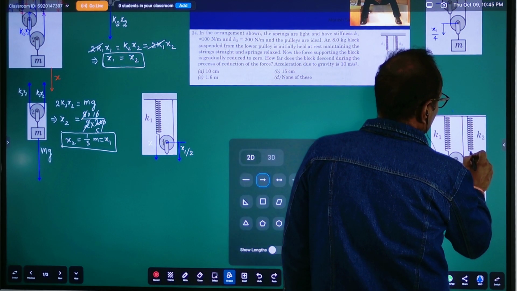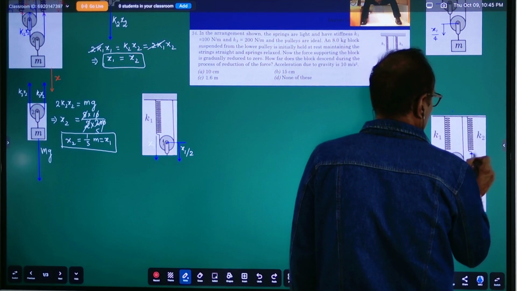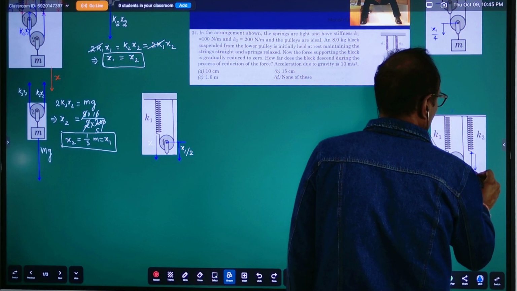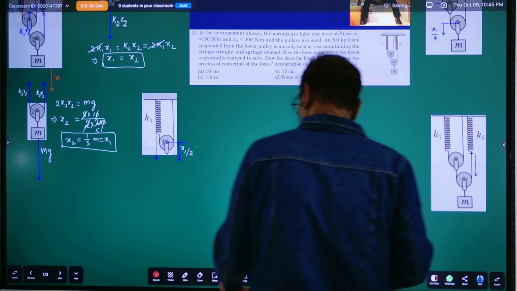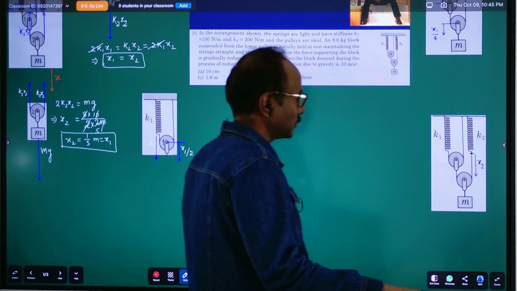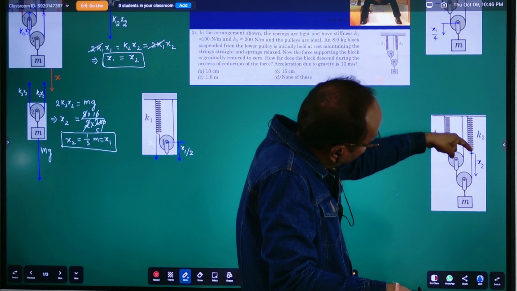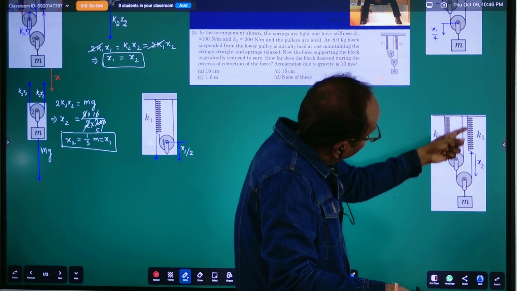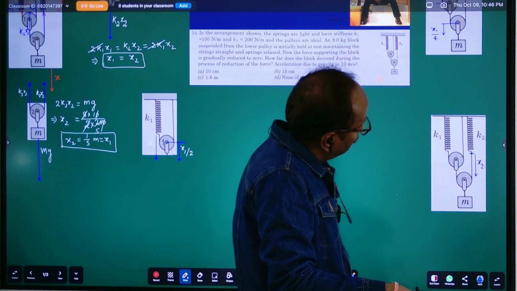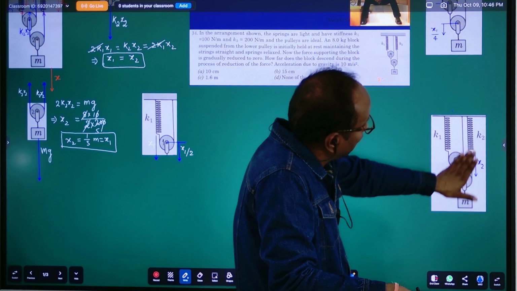So because of this x2 drop or elongation in the spring, if this was connected with a string, we are only considering the elongation in spring 2.